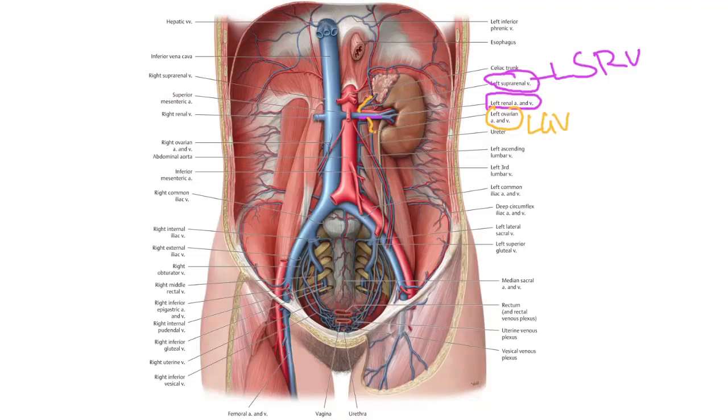So the left gonadal vein and left suprarenal vein are draining into the left renal vein. Whereas here is the right renal vein, the right suprarenal vein, and the right gonadal vein. All of these directly empty into the inferior vena cava. You have to remember these things, right?